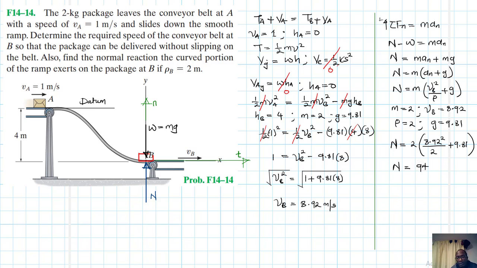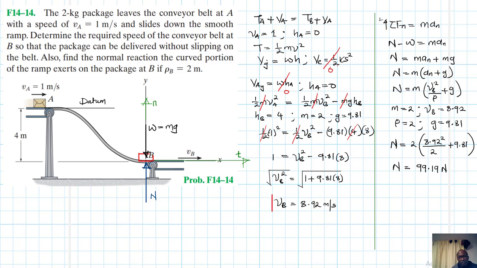And this gives us 99.19 newtons. I think this is about it.